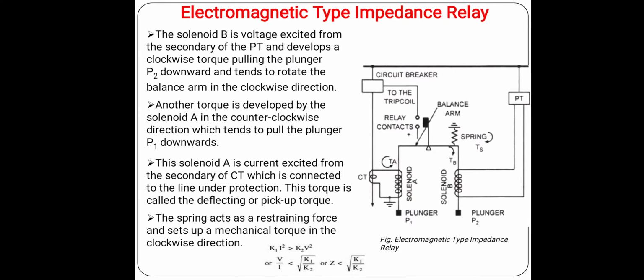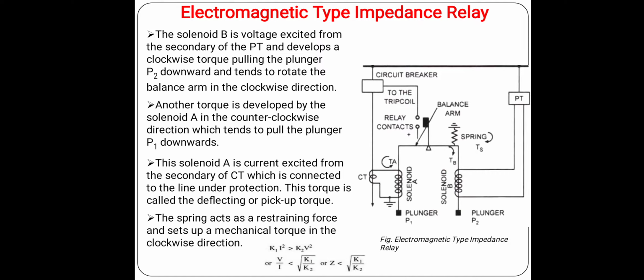At the same time, the torque developed by solenoid B, which is connected to the potential transformer in the clockwise direction, is known as the restraining torque.